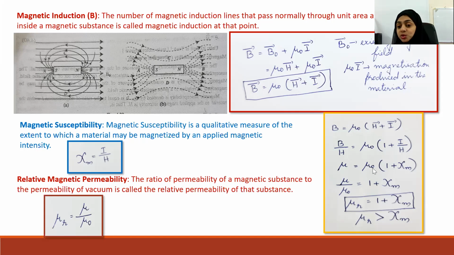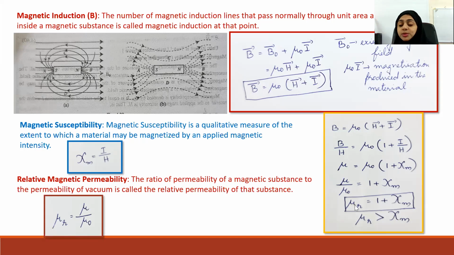Then I divided throughout this expression by mu naught. So mu by mu naught is equal to mu naught by mu naught, that is 1, plus chi m. So this becomes 1, and what remains is 1 plus chi m. So this is relative permeability.